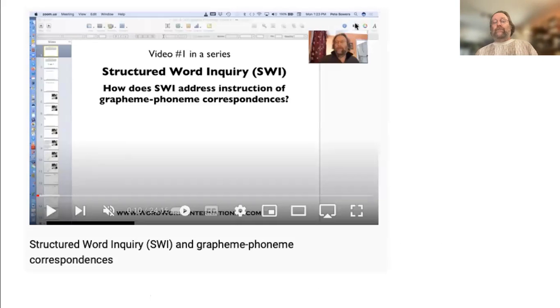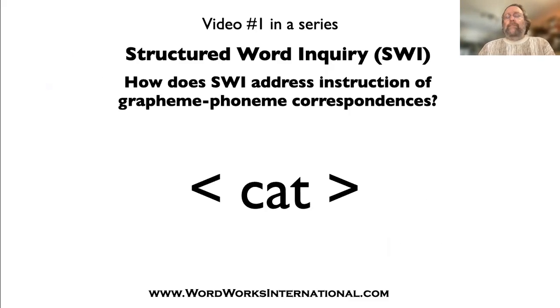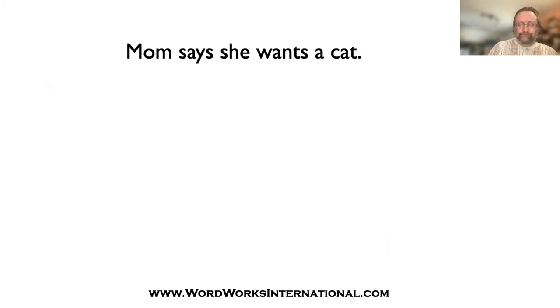Now, I want to clarify something from the previous video. In that one, I used the word cat as a stereotypical example of a very first word we might be teaching kids who know really nothing about how to read and write. And in that video, I used unfortunate wording that caused confusion that I want to clarify now.